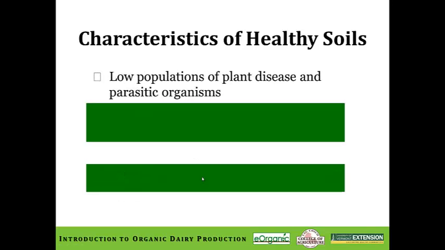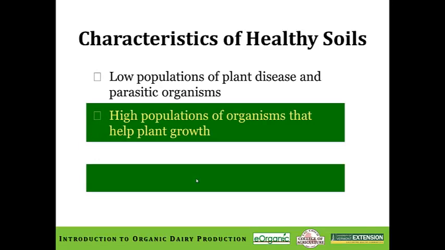Healthy soils should have low populations of plant disease as well as parasitic organisms. And opposite of that, they should have high populations of organisms that help support healthy plant growth. Of course, in a perfect healthy soil, we would have low weed pressure.